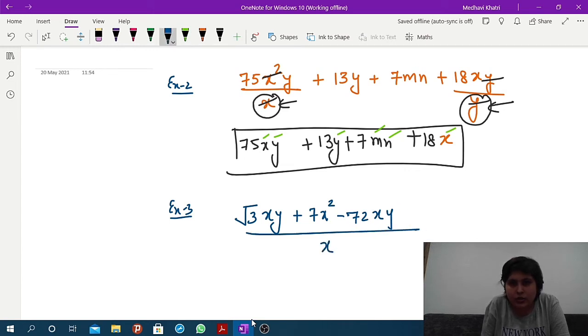So this is our next question and you have to check whether it is an algebraic expression, or a polynomial, or both. Here we have all the variables, constants, and mathematical operations also. So this expression can be completely called an algebraic expression. Now coming to the polynomial part, we need to check the powers.